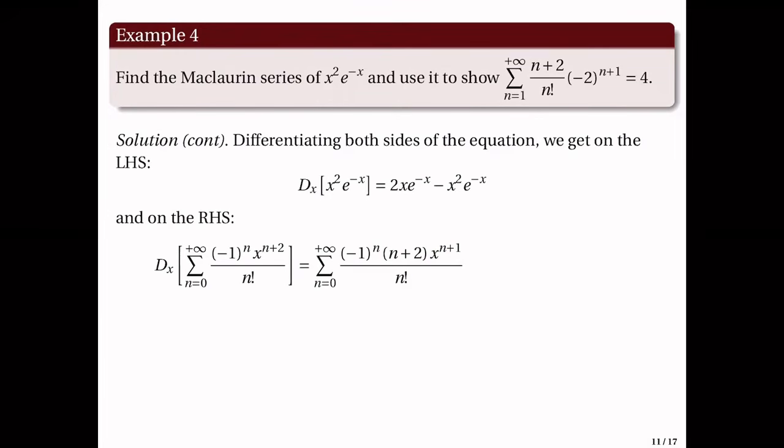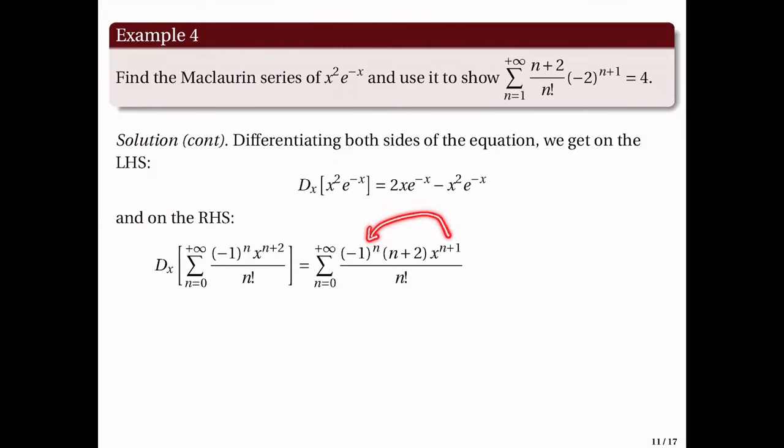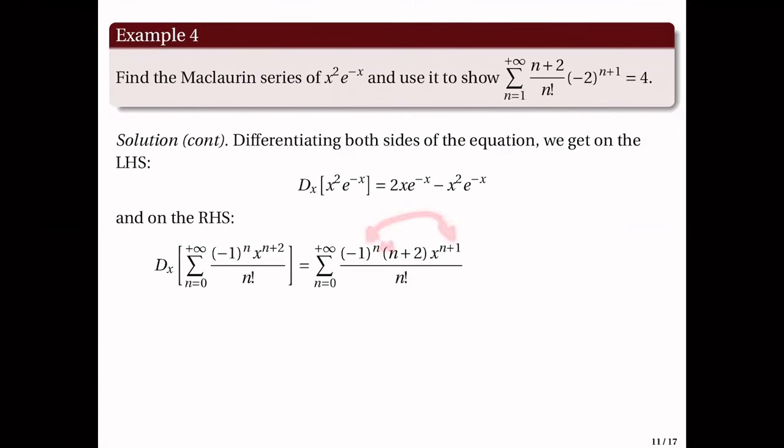And then, observe that, pwede nating i-combine itong negative 1 raised to n, tsaka yung x raised to n plus 1. Pero to do that, dapat pareho muna sila ng exponent. So, para maging n plus 1 ito, we can multiply negative 1 times negative 1. Tama? Yung isang negative 1, mapupunta dito. Yung isa, dito lang siya. Okay?